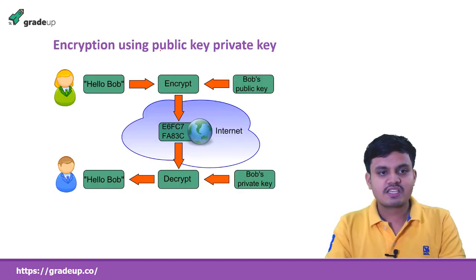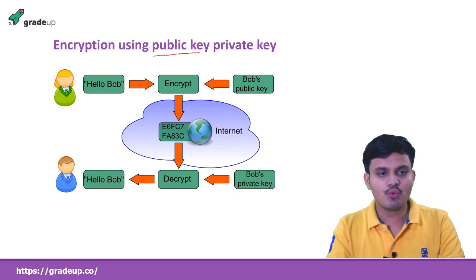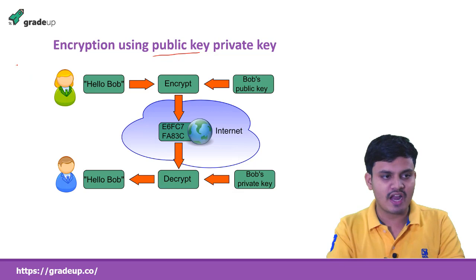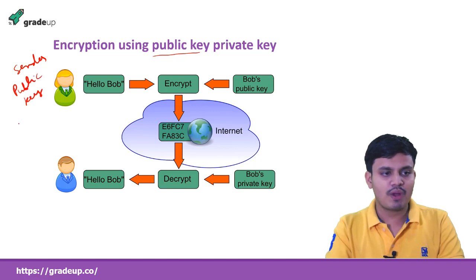Now we see the public key and private key, and how we encrypt using them. The sender will have a public key and a private key. Similarly here, the receiver has its own public key and private key.